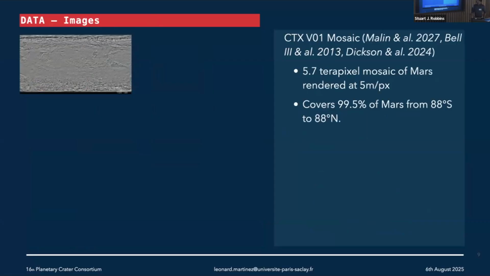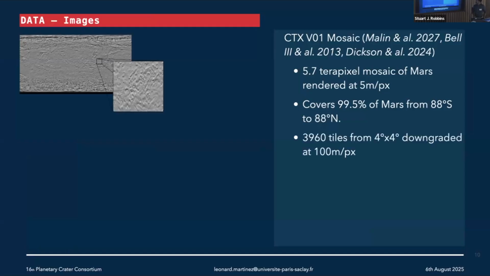And so, in order to detect craters in images, you need images, of course. For that, we took the last version of the CTX mosaic, which covers 99% of the planet at 5 meters per pixel resolution. But we don't need that resolution actually, because in this study we want to detect craters bigger than 1 kilometer.